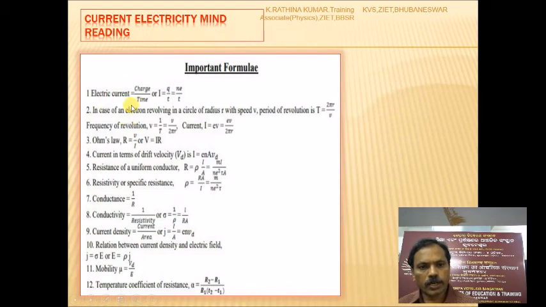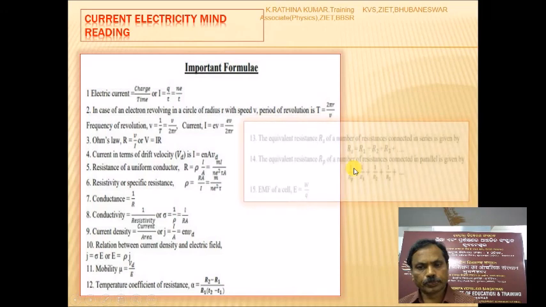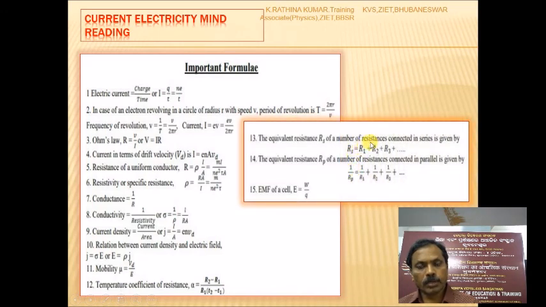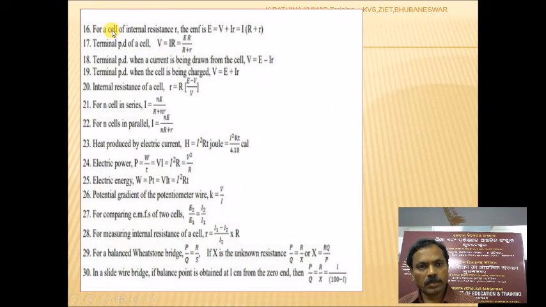You can go through them: electric current, frequency of revolution, Ohm's law, current in terms of drift velocity, resistance, resistivity, conductance 1/R, conductivity 1/ρ, current density J = I/A, relation between current density and electric field J = σE, and mobility μ = velocity/electric field, temperature coefficient, then equivalent total resistance in series and parallel connection, then EMF of a cell, electric field, work done by charge, potential, and then internal resistance of the EMF.